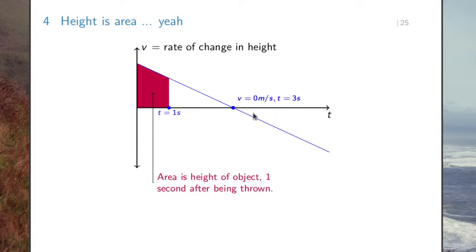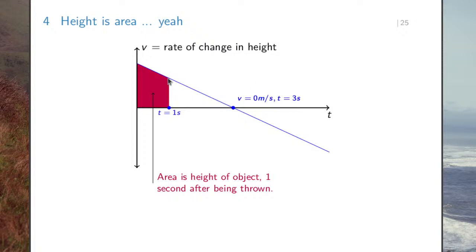After this, the ball is going to start dropping again, and it's going to start accumulating negative height. But right now, from where time is 0 until the velocity is 0, all of this time the ball is traveling upwards, which means all the area under here is height being accumulated.